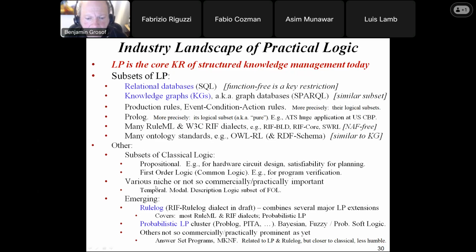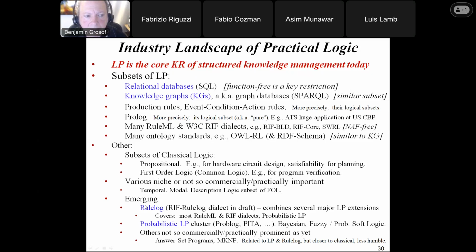There are various other things that are pretty niche or not so commercially or practically important, say temporal logics, modal logics, and the so-called description logic subset of FOL, which OWL was originally defined in terms of for web ontologies and knowledge graphs, but essentially failed to achieve liftoff in industry until OWL was recast in its version 2 to be based on LP rather than on the description logic subset of FOL, but intersecting with that subset in the same way that Horn LP intersects with Horn FOL or corresponds to.